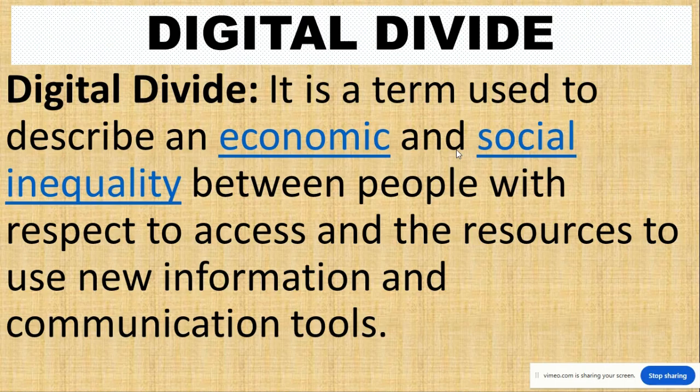So it is described as an economic and social inequality between people with respect to access to the resources to use new information and communication. And that is what we mean by digital divide.